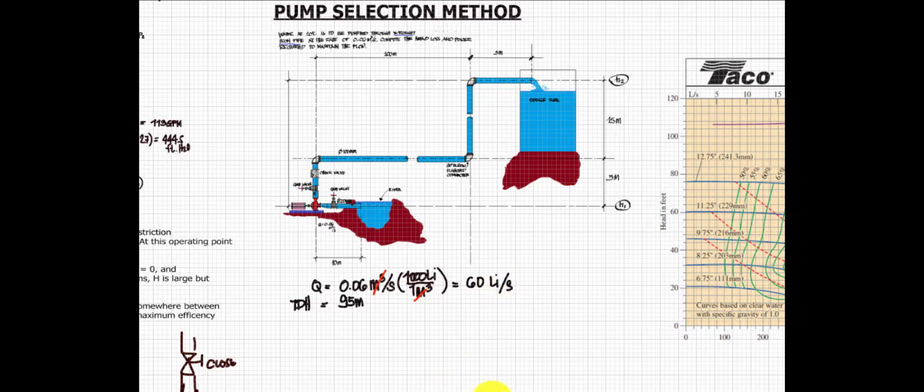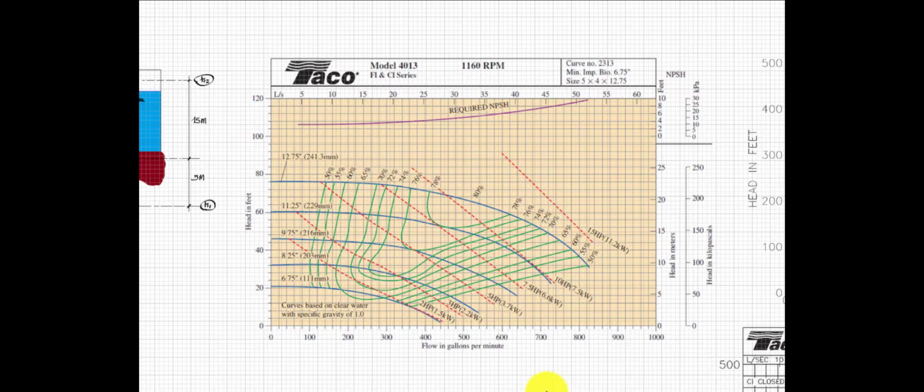Now if we're going to plot that one, I'll be using a dotted line to represent it. So this is somewhere here, and on your y-axis for the head in meters, we are in the range of 0 to 25.